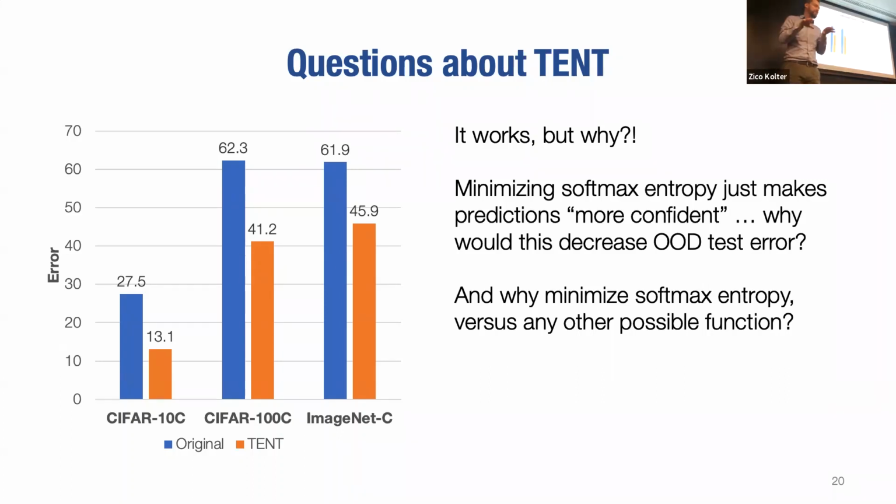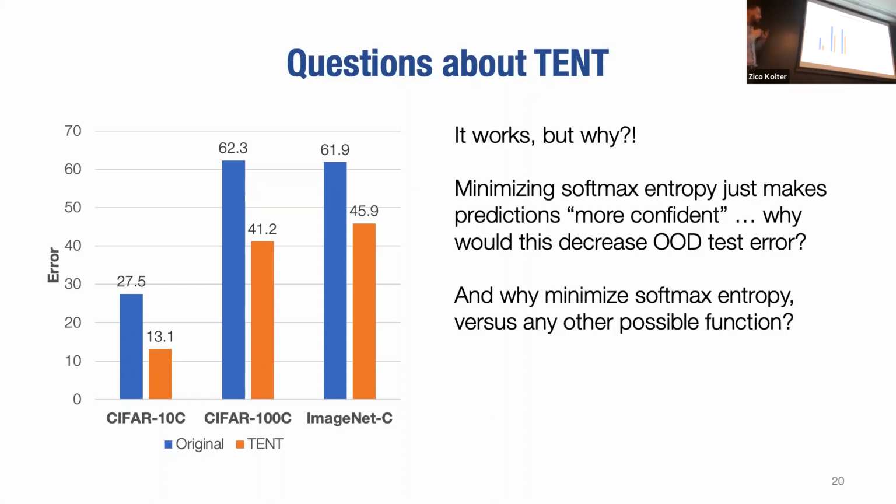That seems like weirdly acausal reasoning, right? It's like our predictions are bad, so we're going to make them more certain, and then they're going to be good. But it seems to work. This seems to oddly decrease the out of distribution error on some of these settings here. I can't describe just how weird it is that this thing actually works, but it does appear to decrease the error out of distribution.